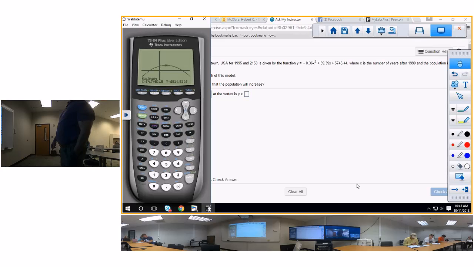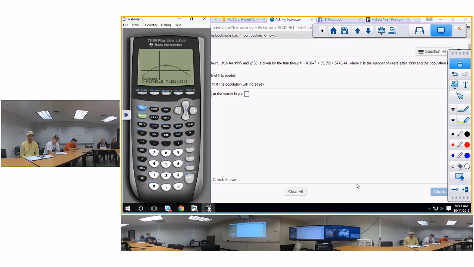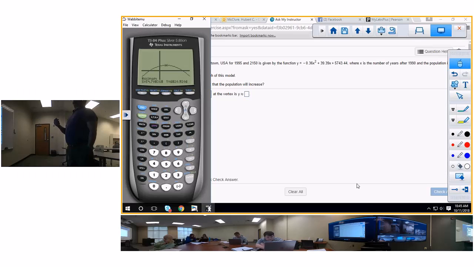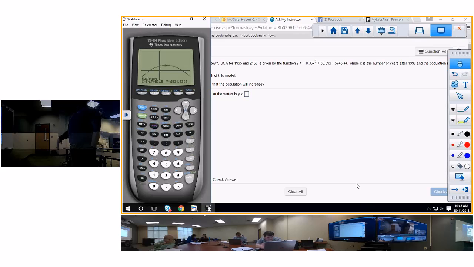So at that point, 54, okay, somebody tell me what 55 added to 1990 is. 2045. So 2045, according to this, the population is going to be 6,820, whatever it's going to be.